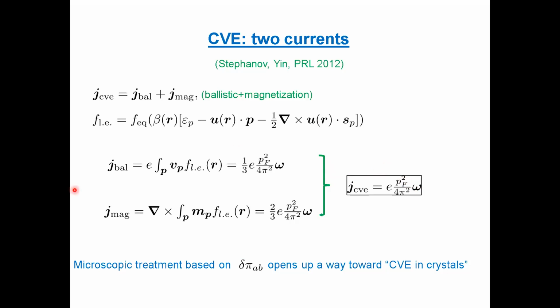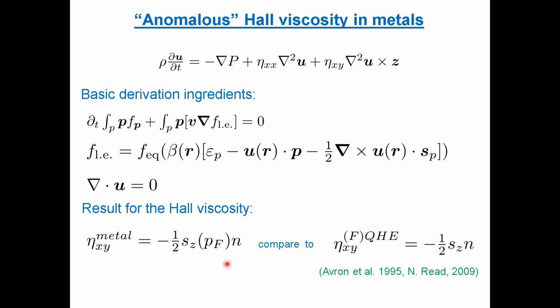Okay, so another physical phenomenon that comes from these shifts is the so-called Hall viscosity. In particular, this anomalous Hall viscosity that you get without magnetic field, but with some magnetization present in the system. If you look at previous works, it's typically done for gapped systems, like the quantum Hall effect state or fractional quantum Hall effect state.